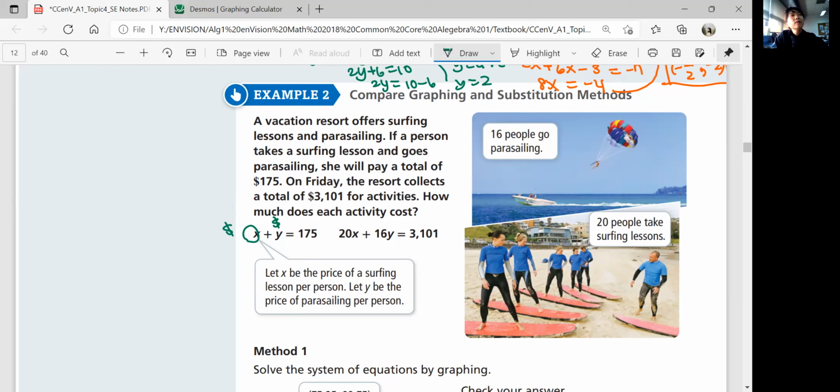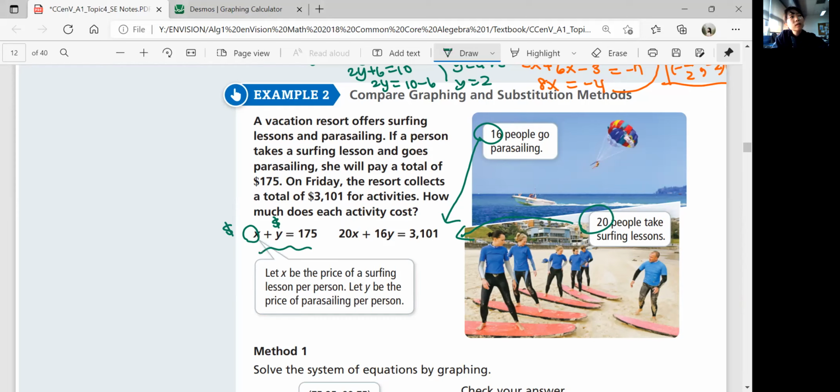And if you have 20 people taking surfing lessons and 16 people parasailing, together they have a total of $3,101 that are paid, right? So how much do they really cost? They didn't tell us. We need to figure it out, okay?